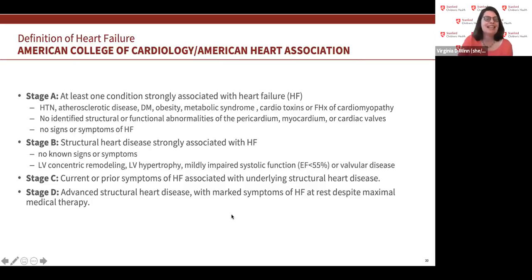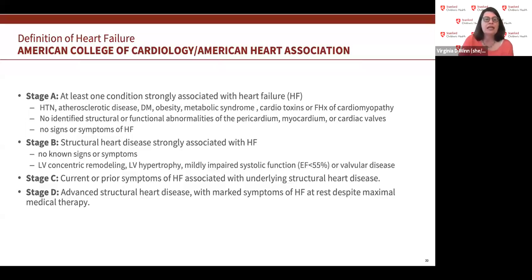All right. So heart failure is classified in 4 different stages. C and D are the symptomatic. Stage B is asymptomatic, where there are structural heart findings that are strongly associated with later heart failure.